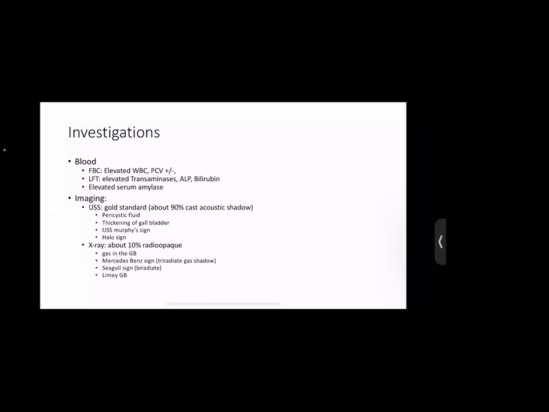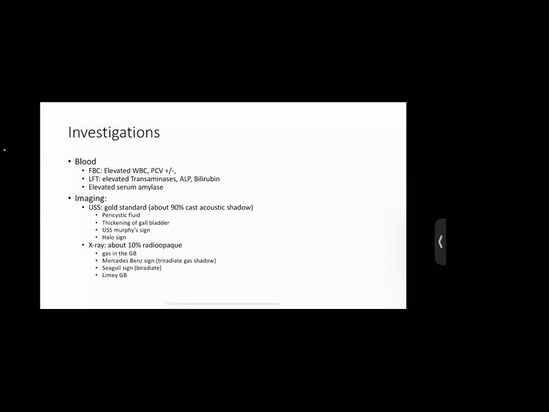There's elevated serum amylase. Imaging, abdominal ultrasound scan is the gold standard. In about 90% of cases, it shows stones casting an acoustic shadow. There is pericystic fluid, thickening of the gallbladder, ultrasound Murphy sign, and presence of halo sign, and gas within the gallbladder.